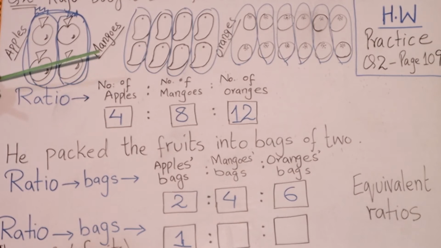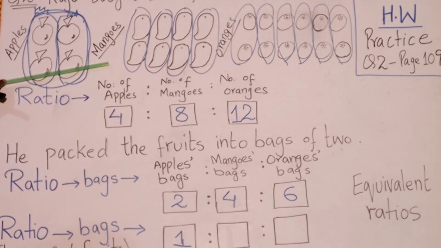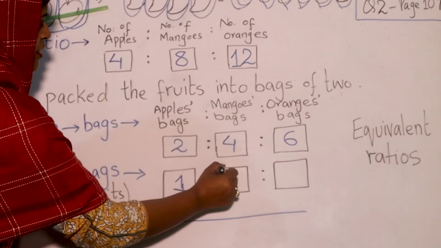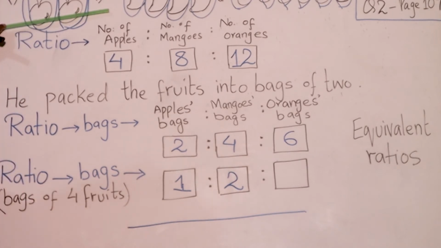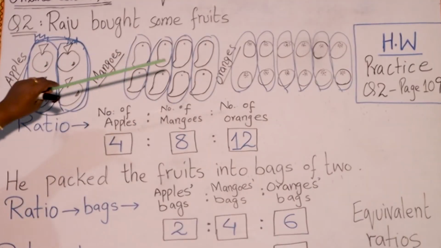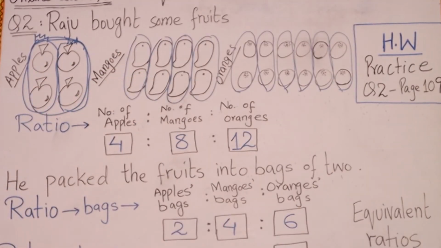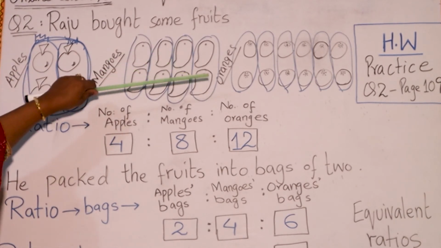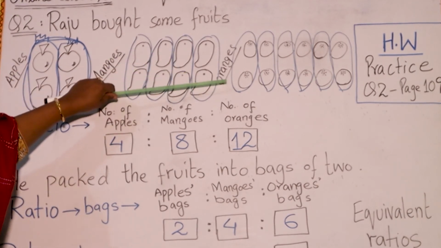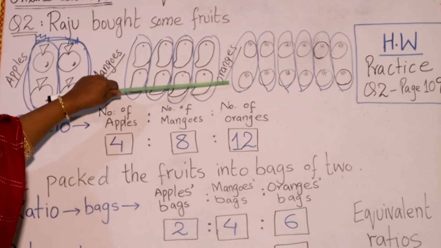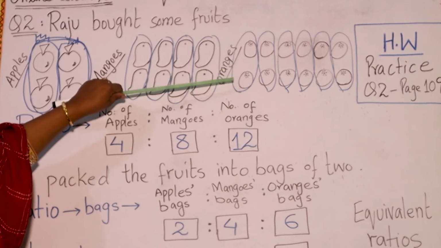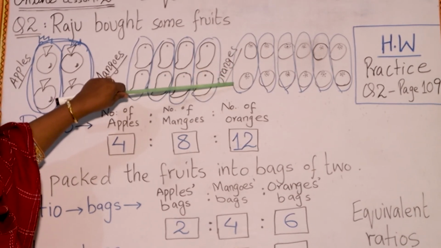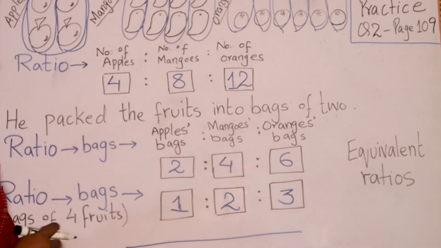Here we have 8 mangoes. When 4 mangoes are placed in one bag, we get a total of 2 bags for mangoes. Similarly, there are 12 oranges. When 4 oranges are packed in one bag, Raju gets 3 bags of oranges.